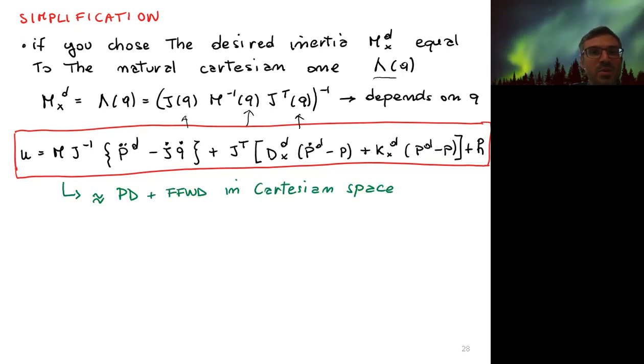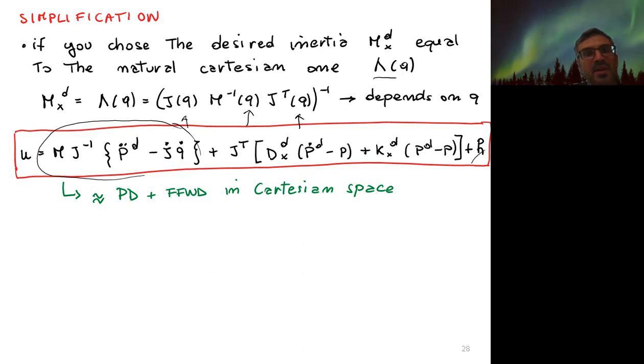And in essence, you get a PD in the Cartesian space, where you compensate also for Coriolis effect, and you have a feed-forward term from the acceleration that you map at the joint level.